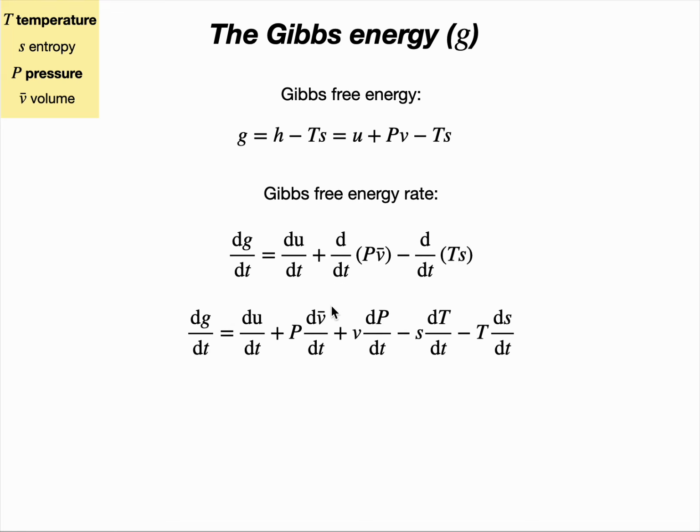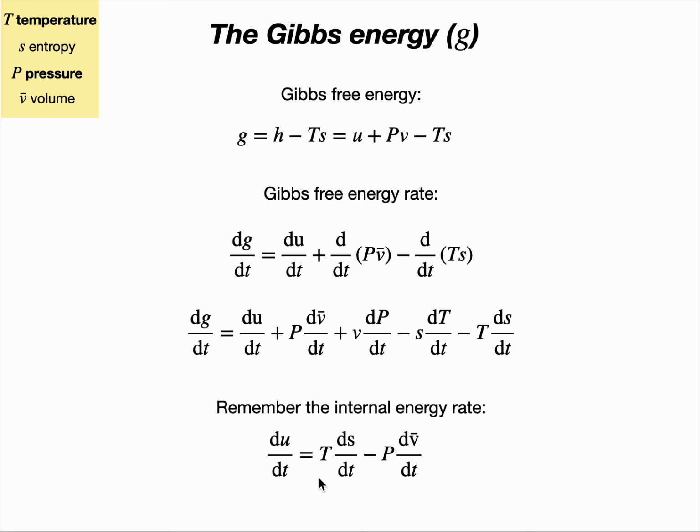You see, this is coming from P dv/dt and V dp/dt. This is S dT/dt plus T ds/dt, with the minus sign being propagated here. And again, we have to remember the definition of the internal energy rate, which we will introduce at this location.